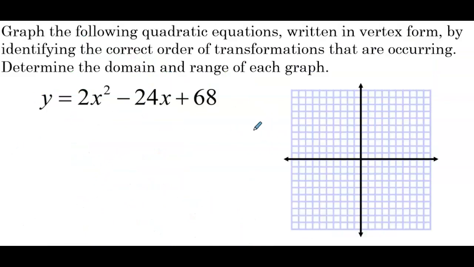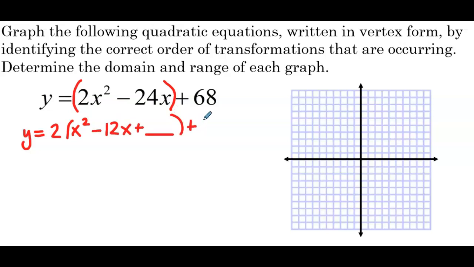Last example, y equals 2x squared minus 24x plus 68. Okay, so start by putting a set of parentheses around 2x squared minus 24x. So we have y equals, we need to factor out the 2. So x squared minus 12x plus something, plus 68.